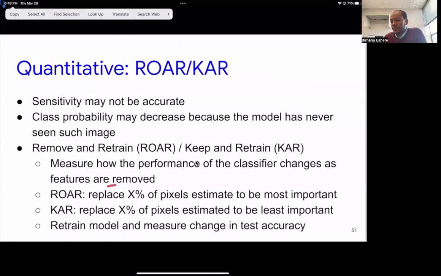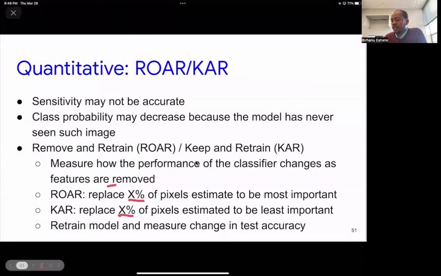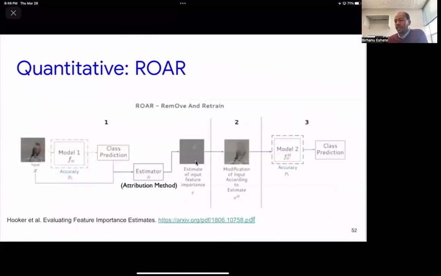For example, for remove and retrain, you replace some percentage of pixels estimated to be the most important. And for keep and retrain, you replace a percentage of pixels estimated to be least important, and you retrain the model and measure the change in test accuracy.